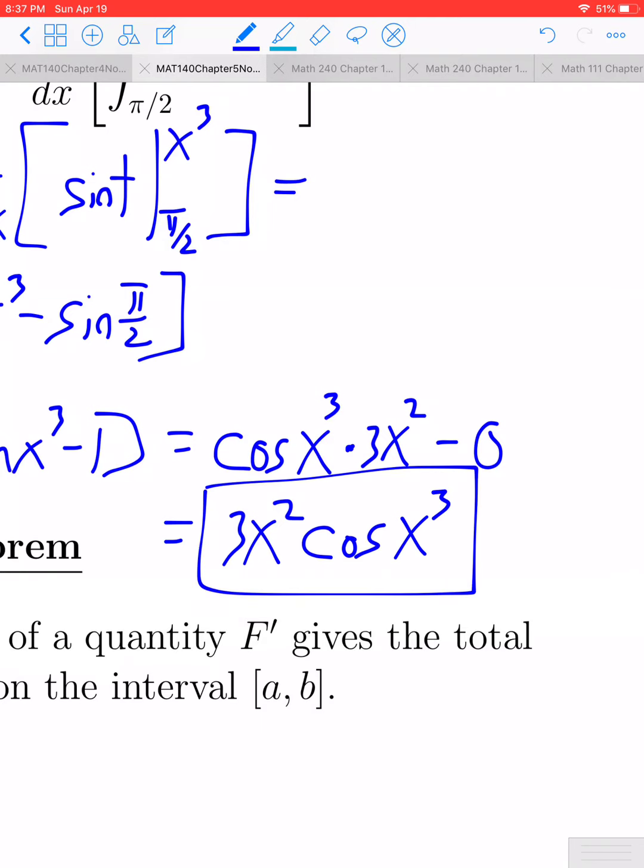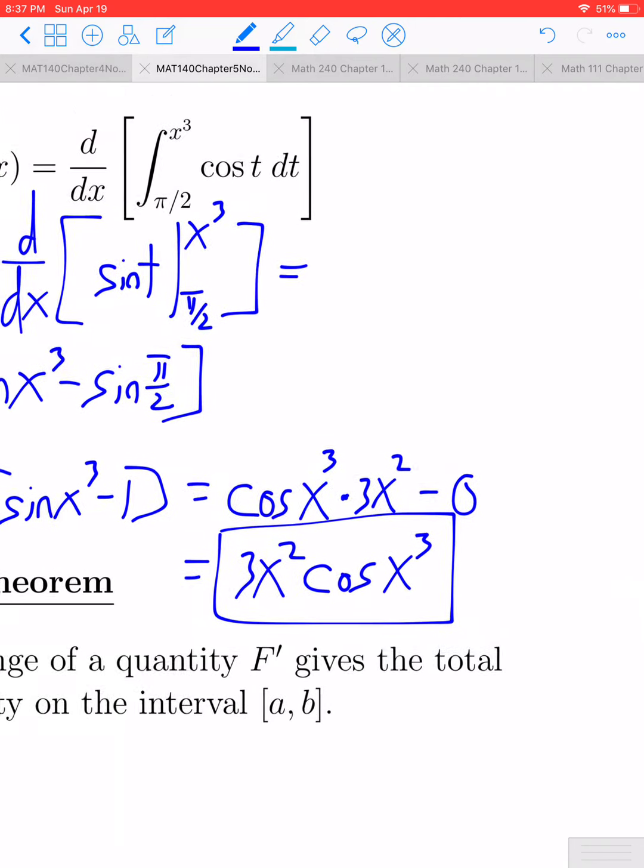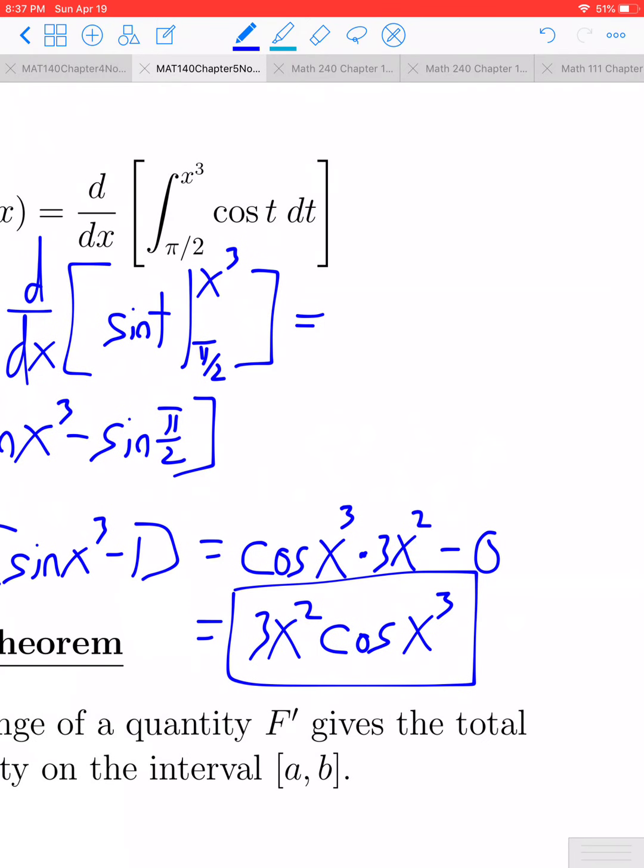Okay. How does that compare to the thing that we started with? Again, if this had just been a simple bound of x, then the answer would have been the cosine of x. But we didn't have a simple bound of x here. We had a bound which was a function of x, namely x cubed. What did that do to our final answer? Well, the answer is this.